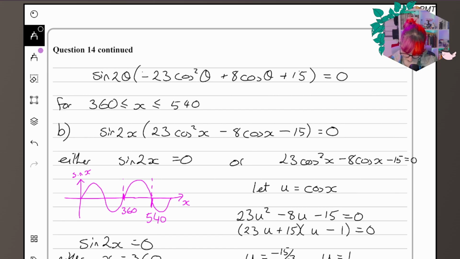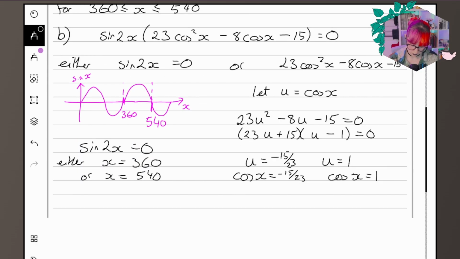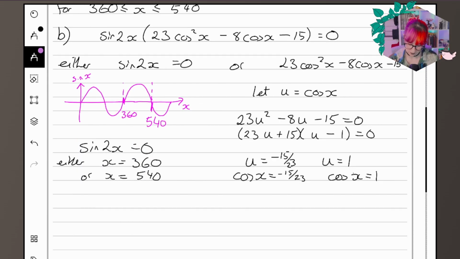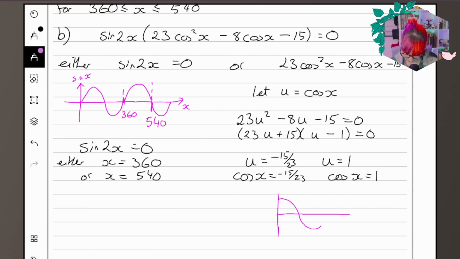Which gives us cos of x is minus 15 over 23, or cos of x is 1. Now, cos looks different to sine. So cos of x does this.